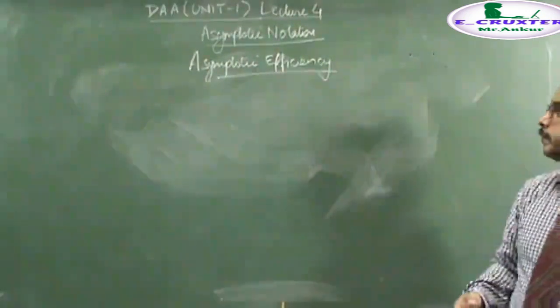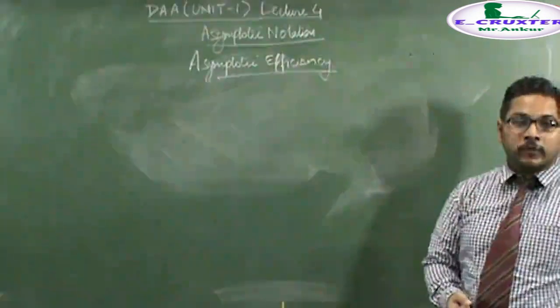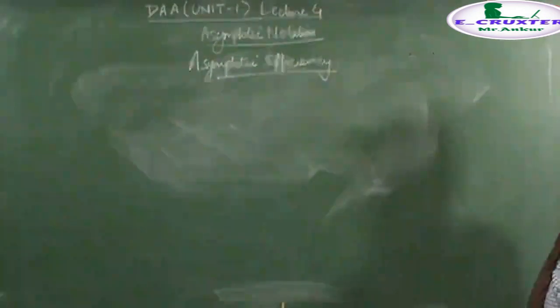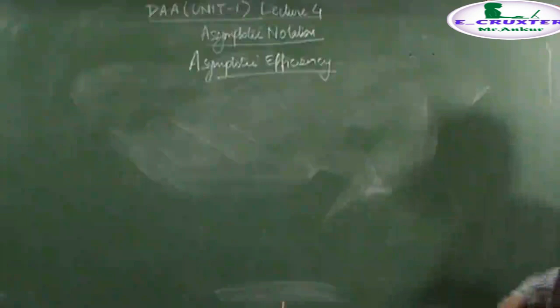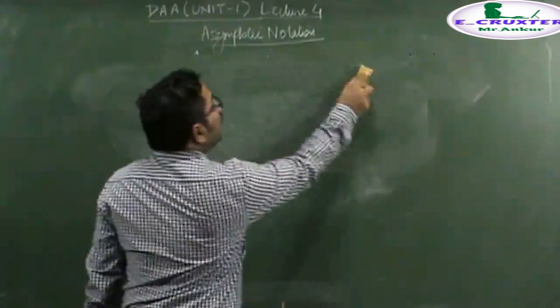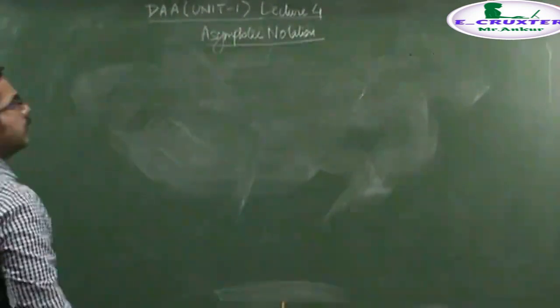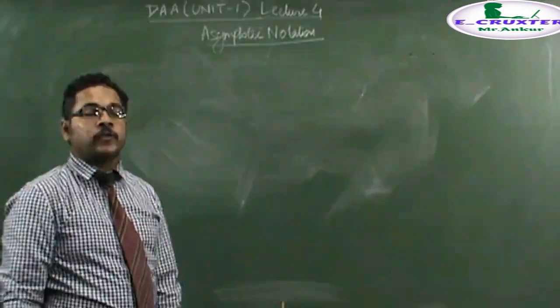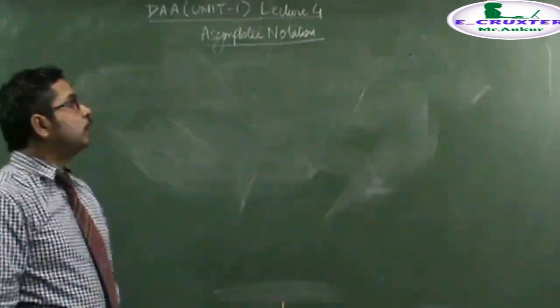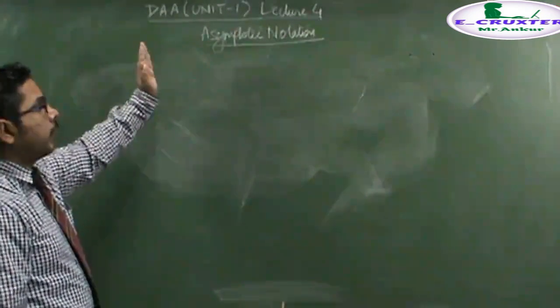Now coming to the topic of asymptotic notations, five types of notations have been designed which are used to understand the efficiency of an algorithm.